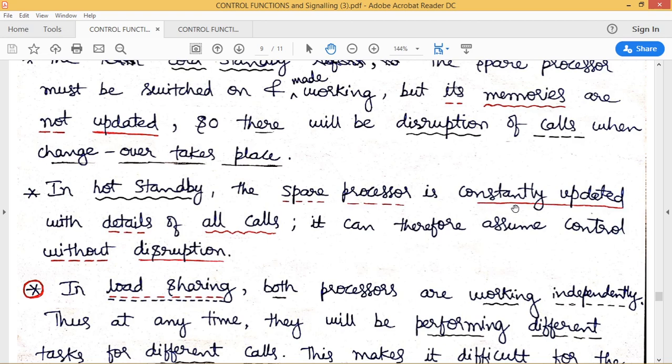The spare processor is constantly updated with details of all calls. It can therefore assume control without disruption. So if the first processor fails, all those calls can be handled by the second processor without any disruption. All calls will remain in the system and will be served by the SPC exchange, because the second processor will be operating.